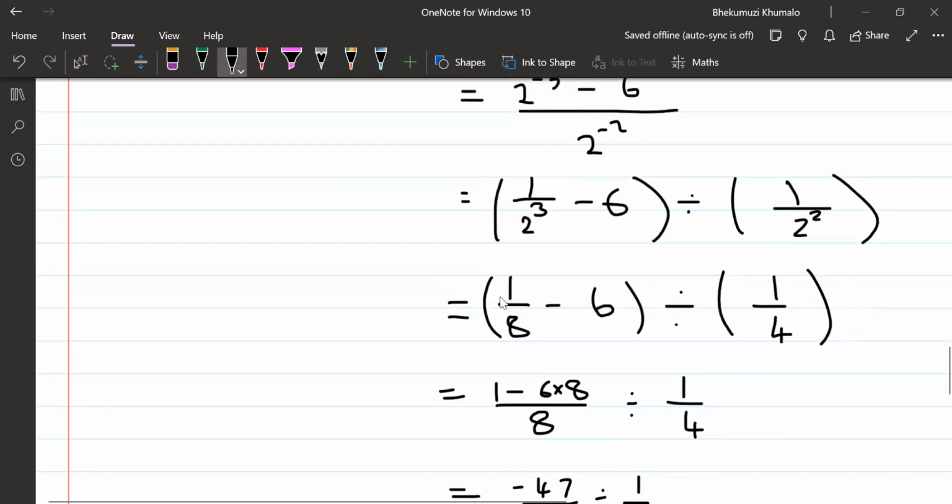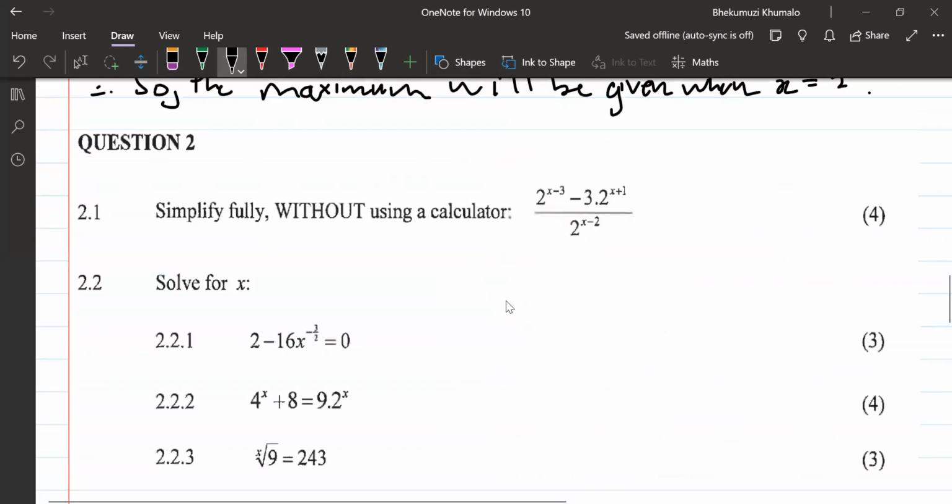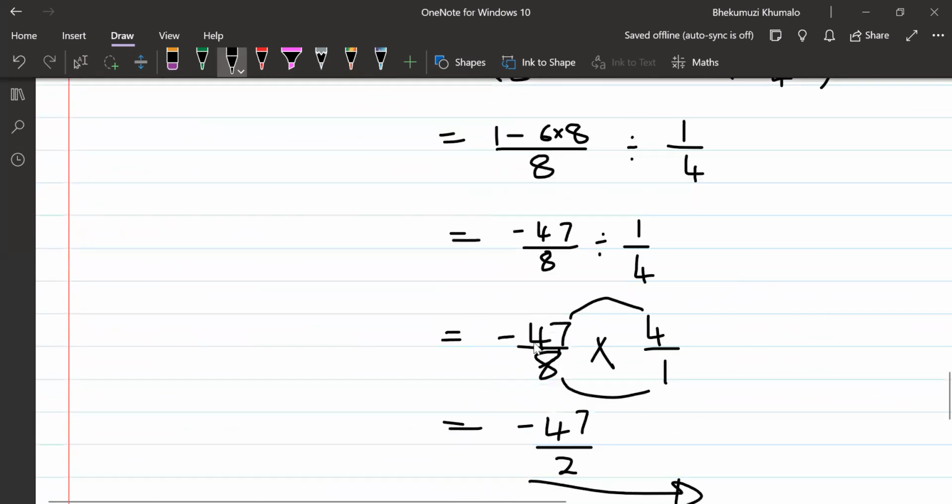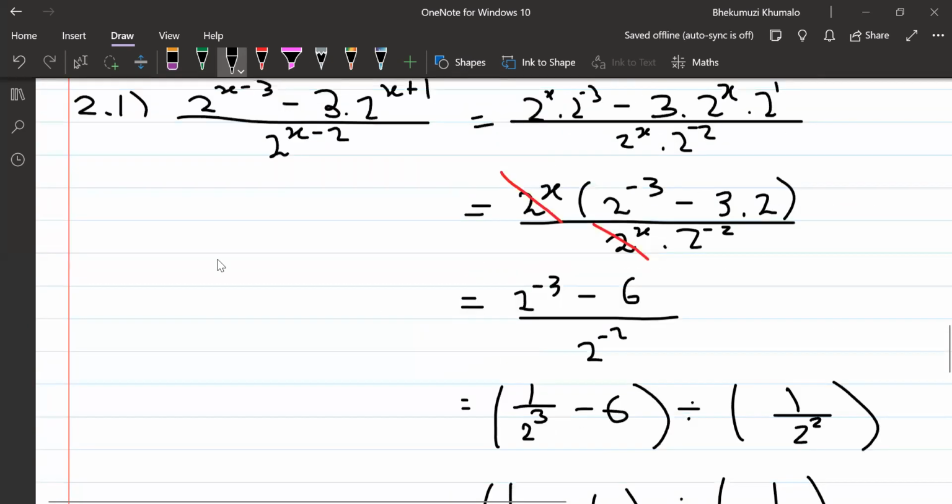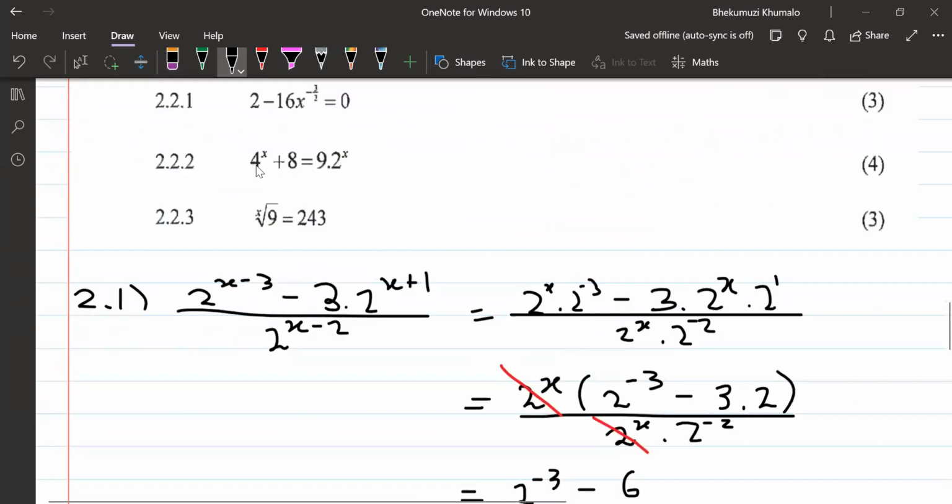Okay, but I want to also show you something. If you're doing exponents and you find a numerical value at the end, just to make sure your numerical value is correct, you could have substituted x with a particular value.